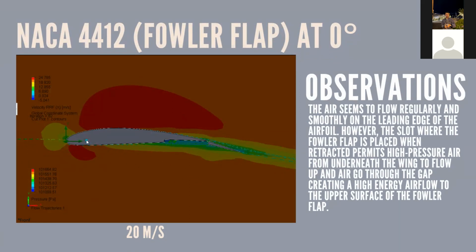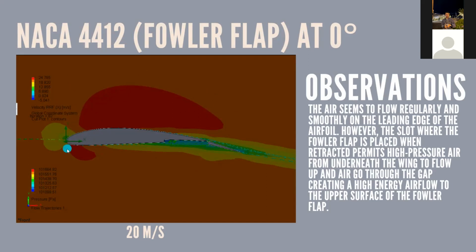So at 0 degree angle of attack and at 20 meter per second, mapapansin po natin yung velocity ay nag-concentrate sa upper streamline ng airfoil. Yung red part ang nag-represent ng maximum velocity, around 24.785 meter per second.